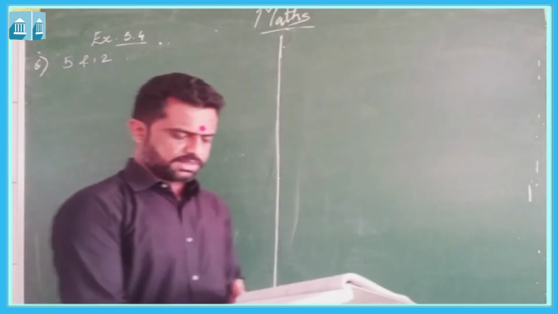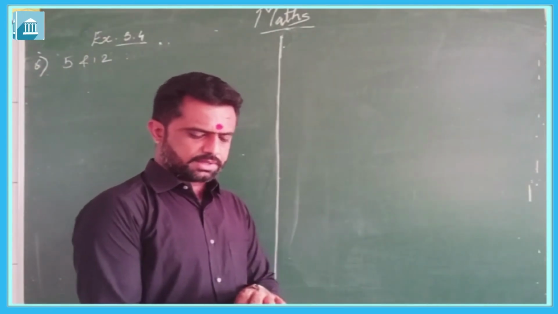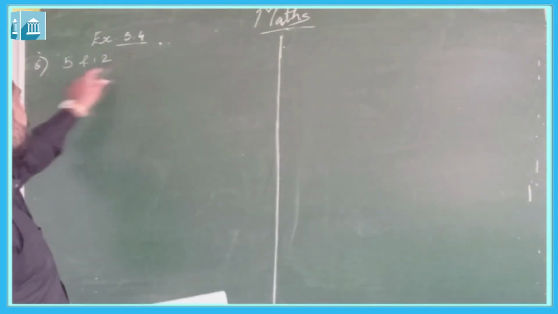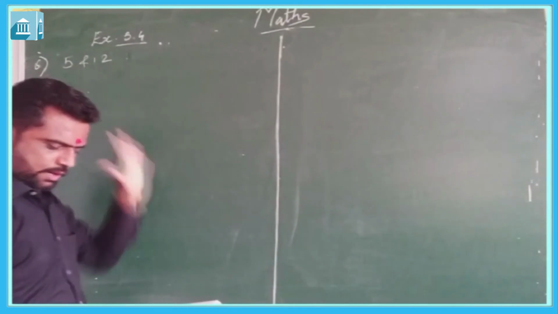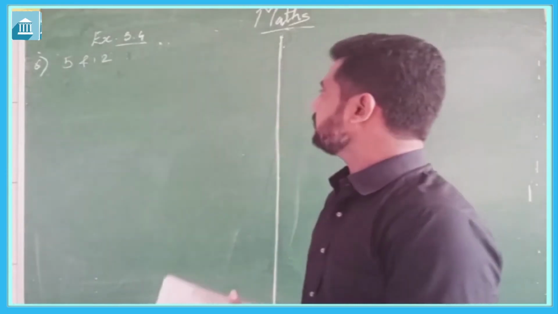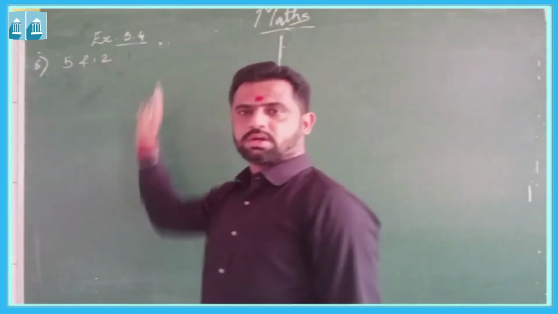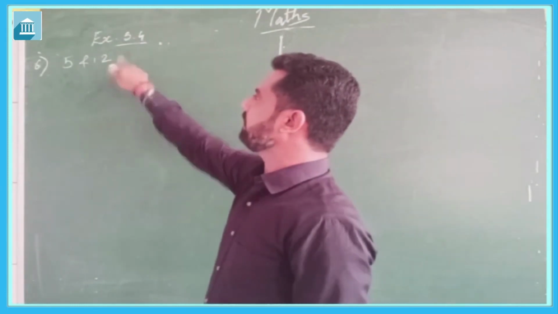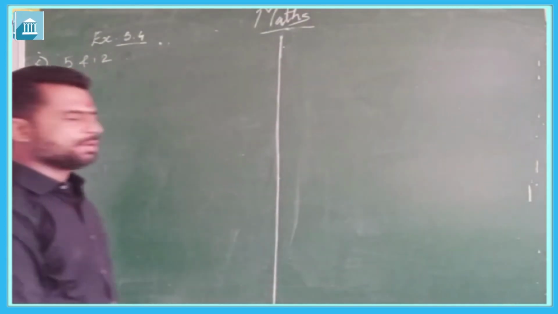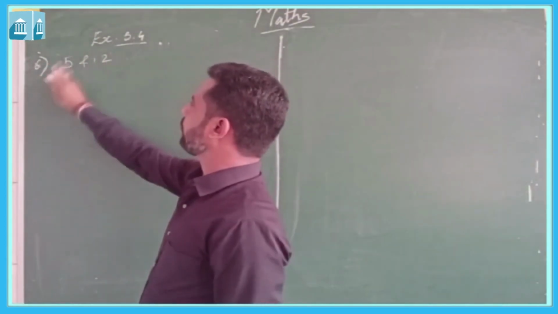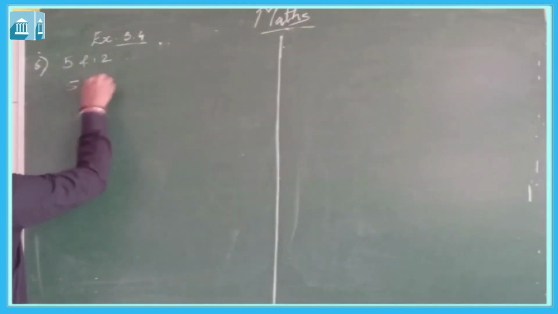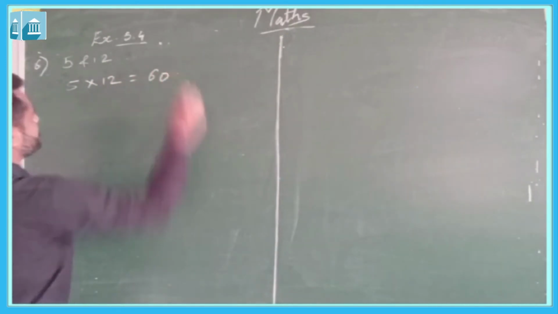Now let us see question number 6. A number is divisible by both 5 and 12. Suppose any number is there which is divisible by both 5 and 12. By which other number will that number always be divisible? We know that when a number is divisible by two numbers, it will always be divisible by the product of these two numbers. So 5 into 12 is equal to 60.